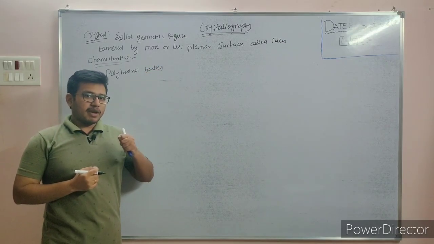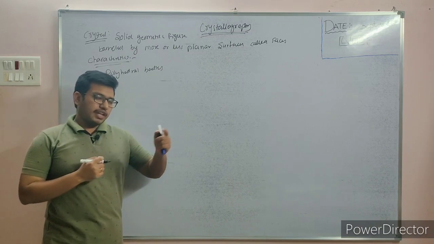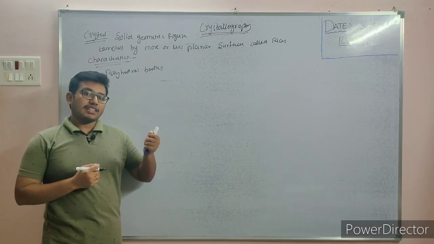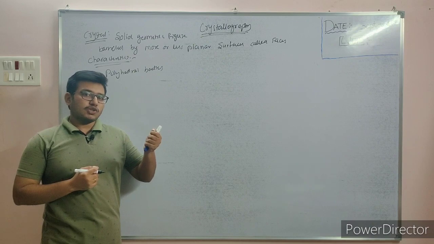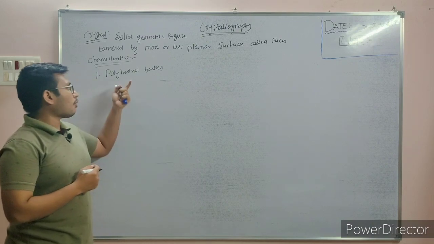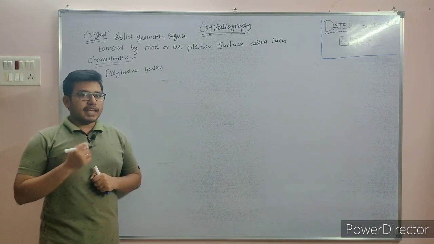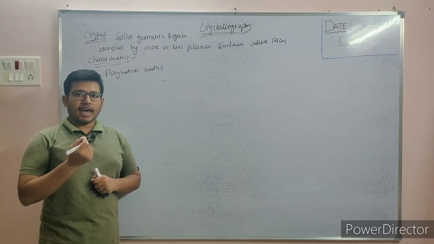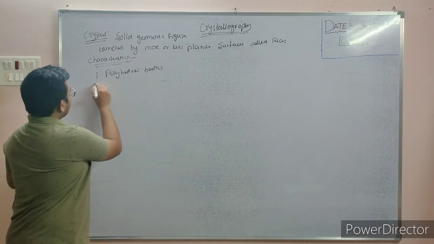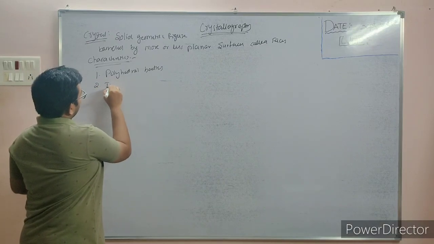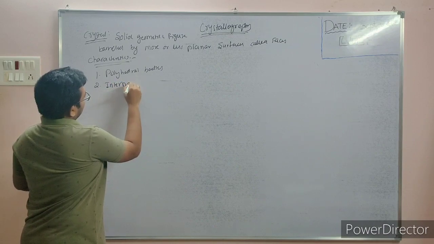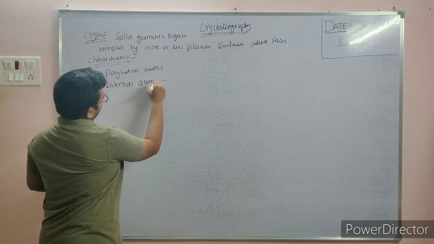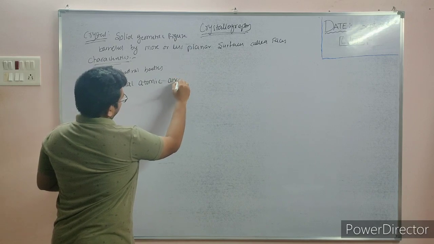They contain many sides or faces. If you take a cubic crystal, it has many sides and many faces, so it is considered a polyhedral body. And the second point is internal atomic arrangement.